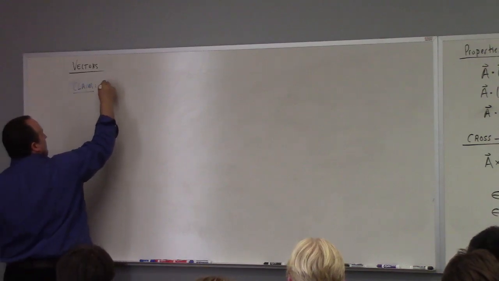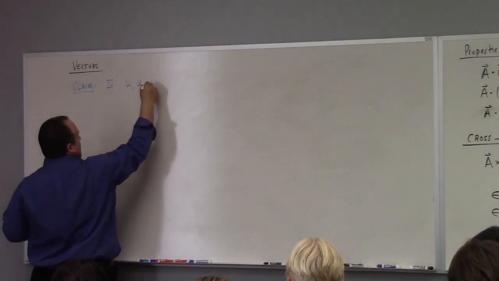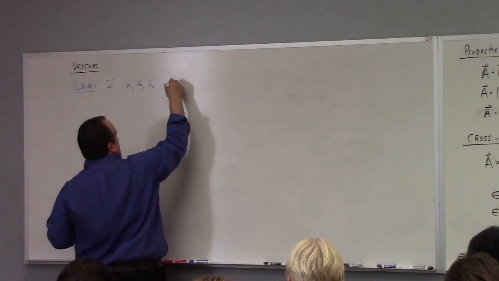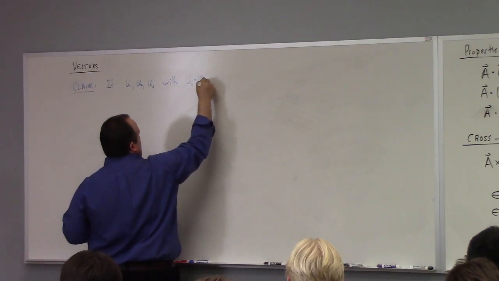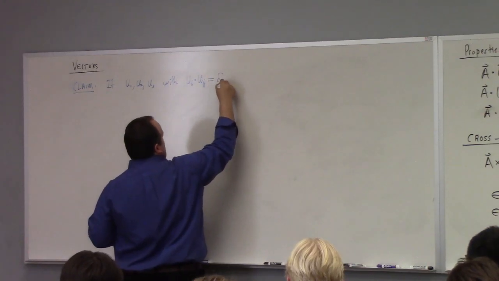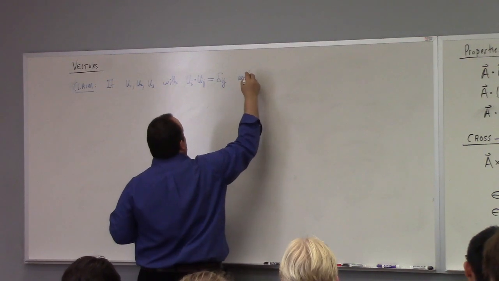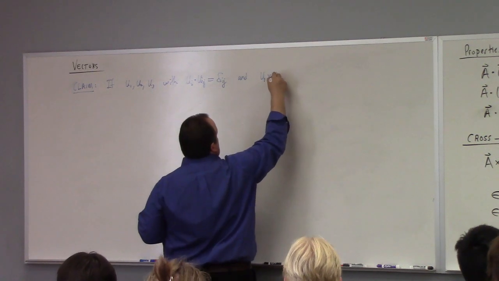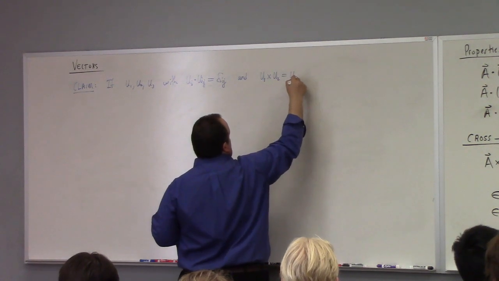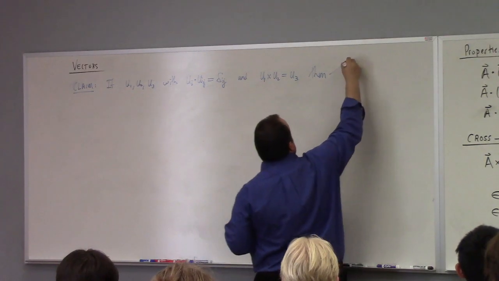All right. If we have u1, u2, and u3 with ui dot uj equal to the Kronecker delta ij, and u1 cross u2 is equal to u3, then we get two things.